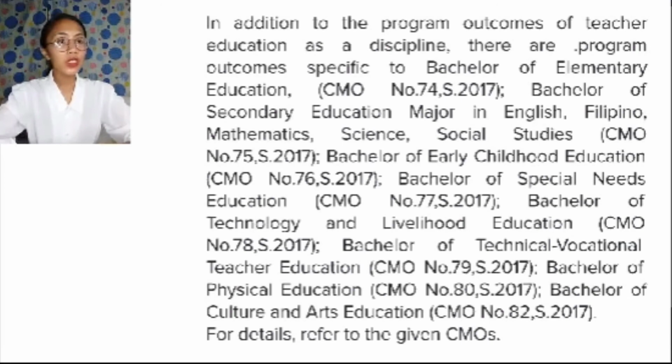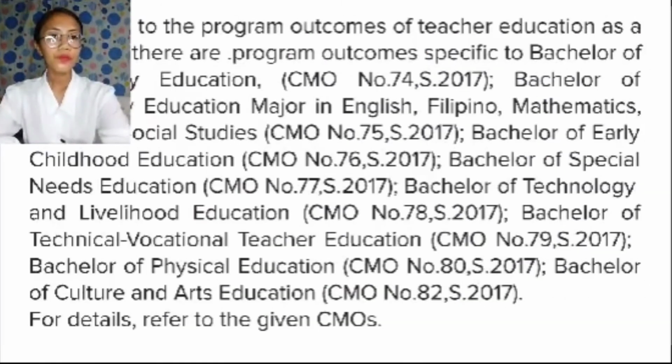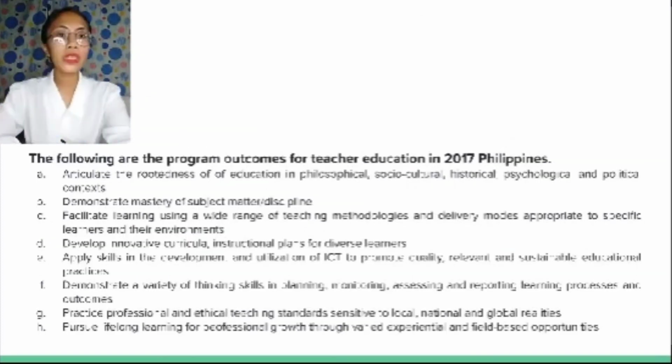And we have also the Bachelor of Physical Education, CMO number 80 series of 2017, and Bachelor of Culture and Arts Education, CMO number 82 series of 2017. These are the CMO series of 2017, which I mentioned before, na nakapaloob dito sa program outcomes ng teacher education ng 2017 Philippines.